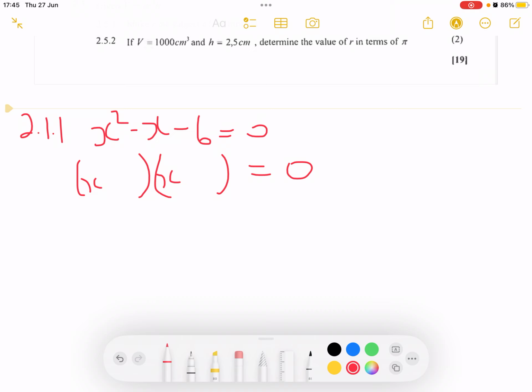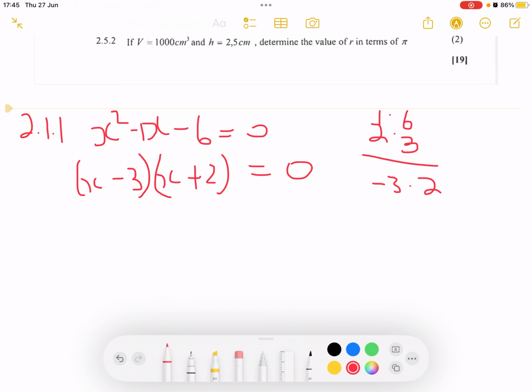Then we look for the factors of 6, which are 1 times 6 and 2 times 3, and these two can only give you a negative 1 when negative 3 is added to positive 2. So therefore we have negative 3 and a positive 2.